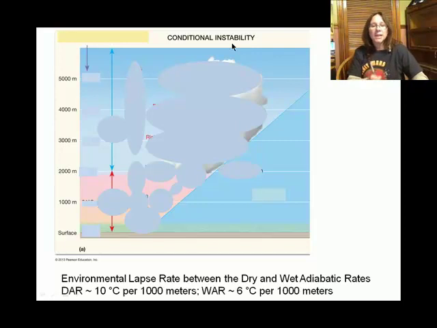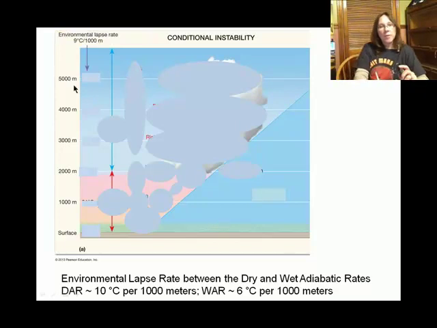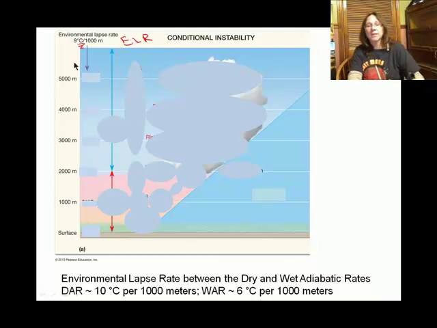But what you're going to see is that we send up a weather balloon, and remember that the environmental lapse rate, here's the ELR up here, it needs to be between 6 and 10. And here your author has it at 9. That fits the bill. So our surface temperature is 40 degrees Celsius.